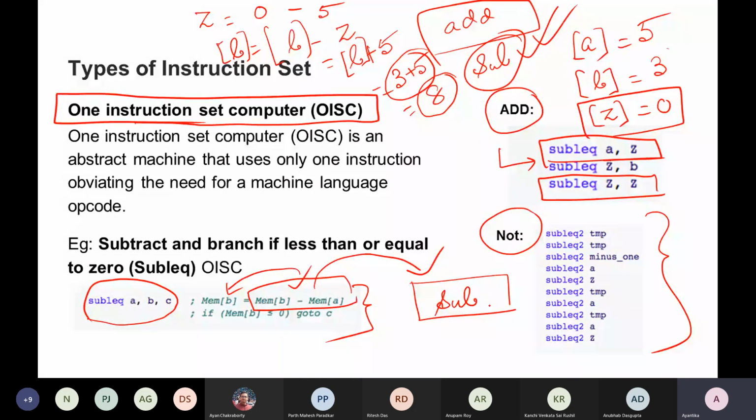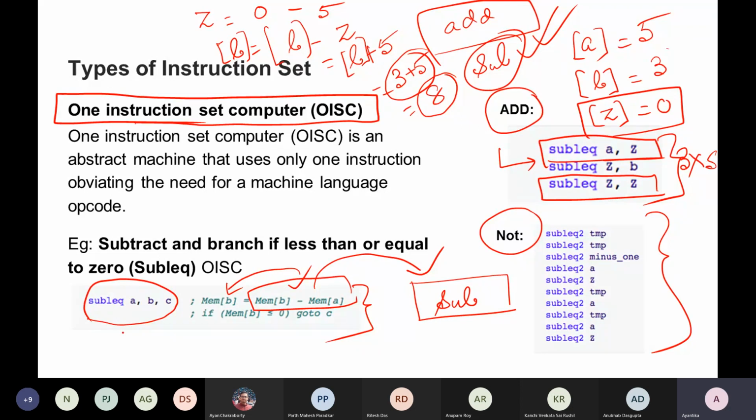Now, whenever you are mapping that to a particular computer, what performance will you get? Here you have to actually execute 3 subtract instructions, so your timing will be 3 into S, where S is the time required for executing one subtract instruction.